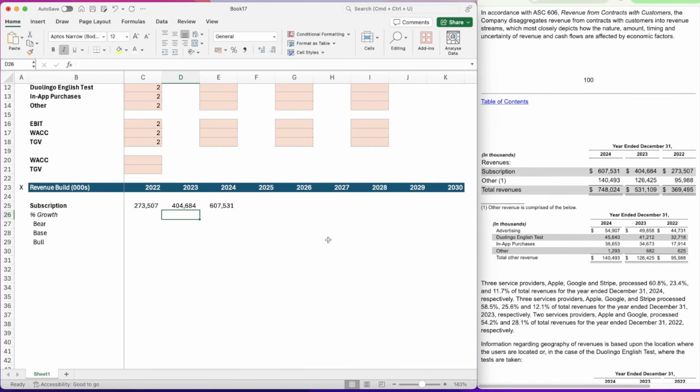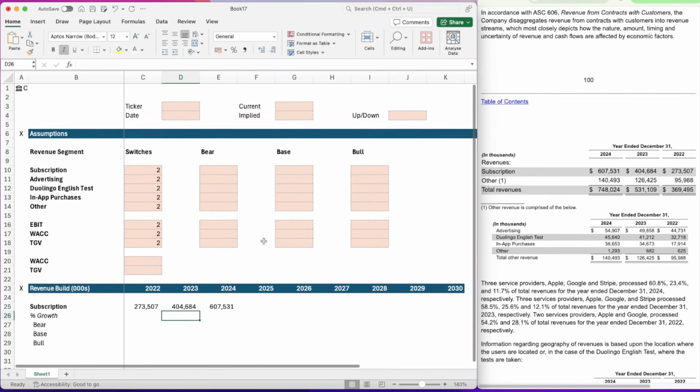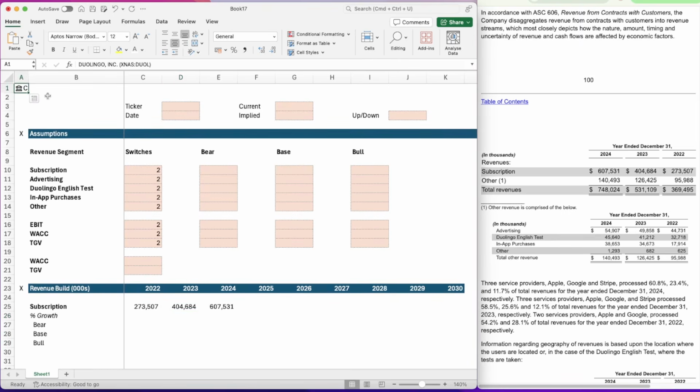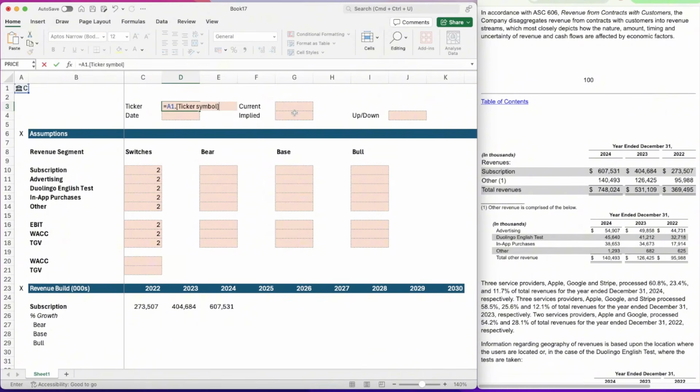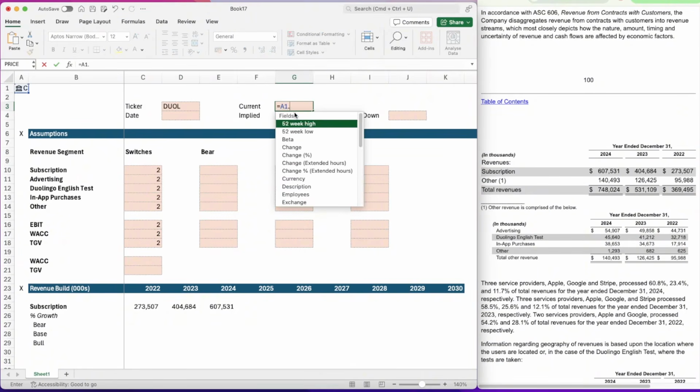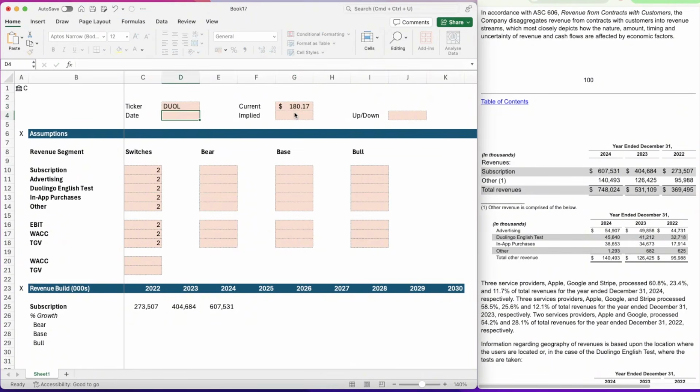I wonder, do we equals A1. Right, the date today is the 30th of the 12th, 2025.